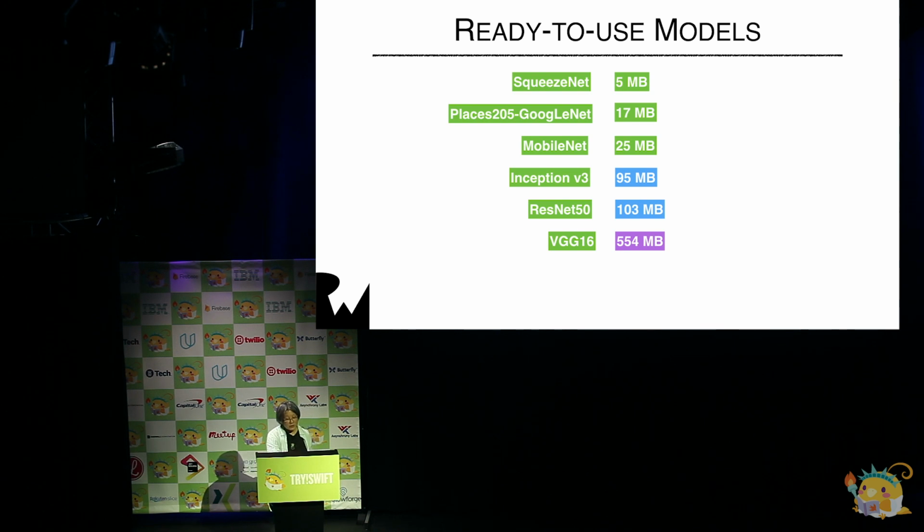Size is proportional to the number of parameters the model uses, which is related to how accurate it is. ResNet 50 has 25.6 million parameters, and VGG16, 138 million. I'll say more about size when we get to CreateML. Just remember the range of sizes here is 5 to 550 megabytes.